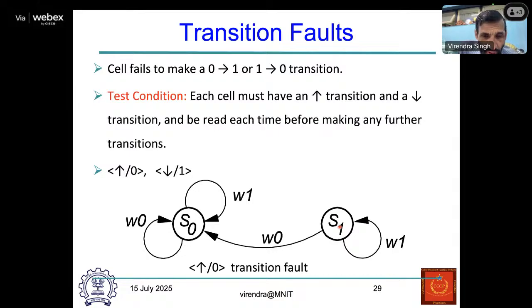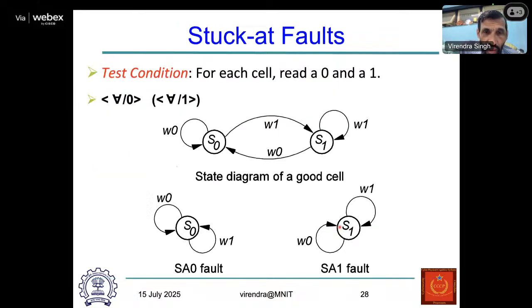So I can model the two state machines out of it. Now if I want to develop the test for this, I represent this for all cells. This faulty cell can stay with logic 0, or it can stay with logic 1, and that can happen with every cell. Now how do I test for this?